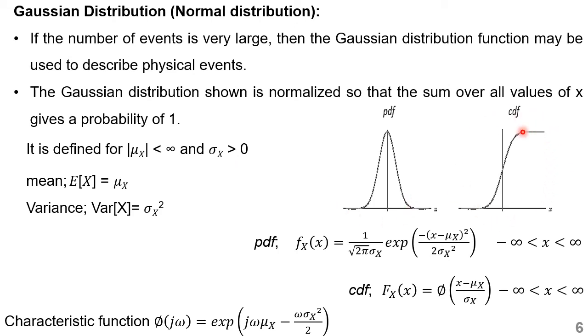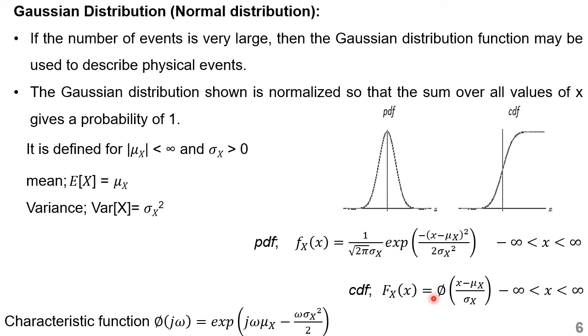The PDF is defined by this function: 1 divided by root 2 pi sigma_x times exponential of minus (x minus mu_x) whole squared divided by 2 sigma_x squared. The CDF can be computed by integrating this.